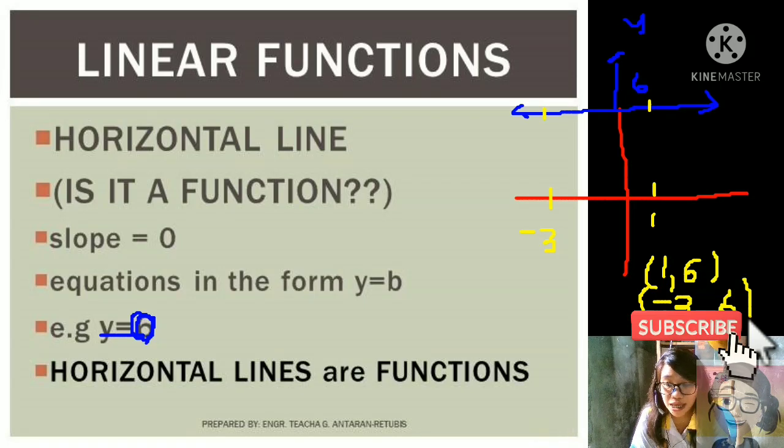In this case, different inputs, the same output. So it is considered unambiguous. Okay, so therefore we can conclude that horizontal lines are considered a function. Okay, so that's how we describe the line. Now let's dig deeper into the slope.